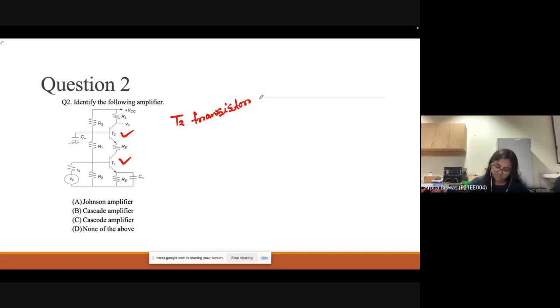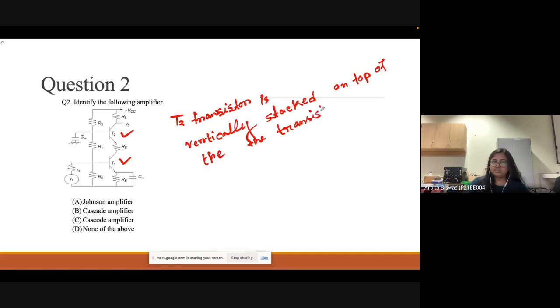This T2 transistor is vertically stacked on top of transistor T1. So it is a cascode amplifier.